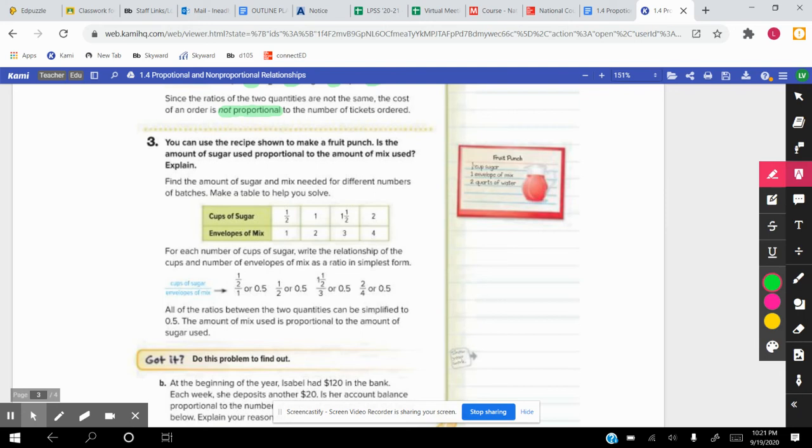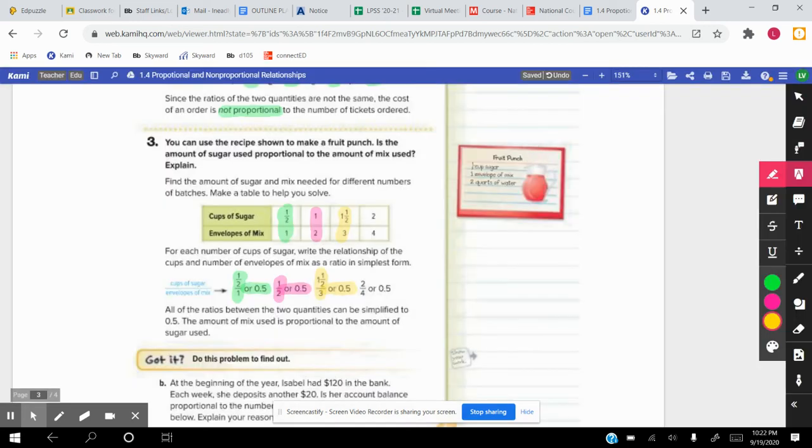So if we have half a cup of sugar to 1 envelope of mix, that reduces down to 5/10. If we have 1 cup of sugar to 2 envelopes of mix, that reduces down to 5/10. 1 1/2 cups of sugar to 3 envelopes of mix also reduces down to 5/10.